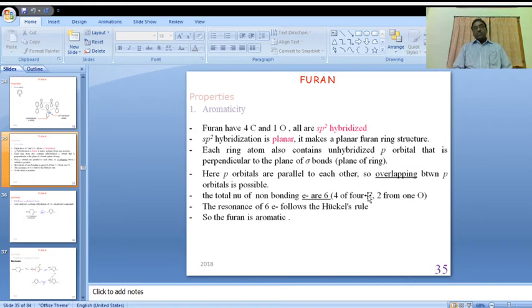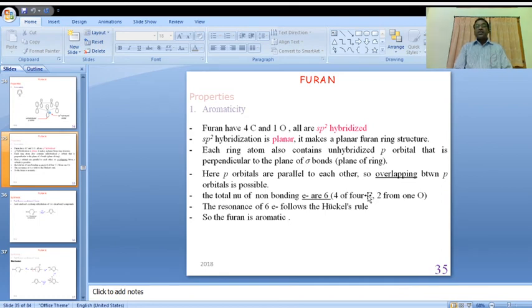Here the p orbitals are parallel to each other. What are those? The unhybridized p orbitals of the 4 carbon atoms and of one heteroatom.